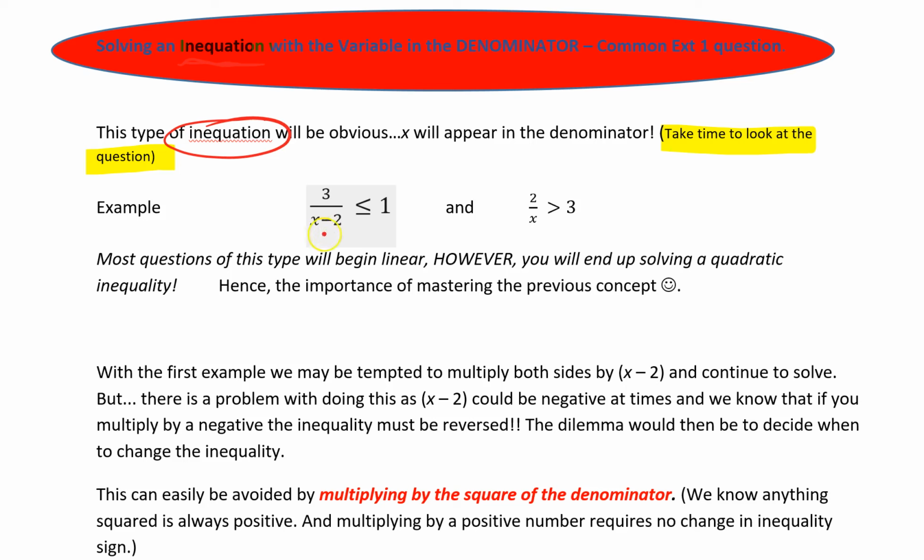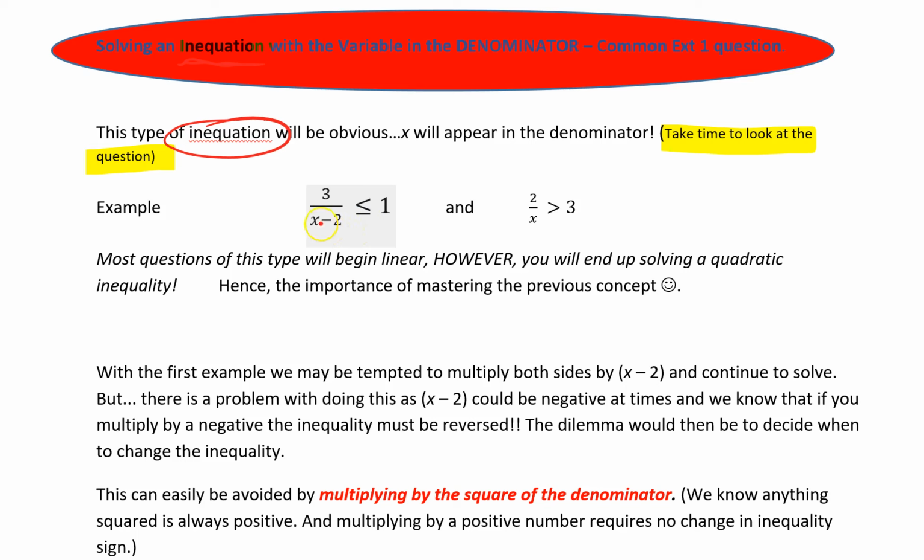However, now that you have a variable in the denominator, you possibly won't know if that denominator will be a negative or not, and at what stage you should then change the inequality to the opposite.